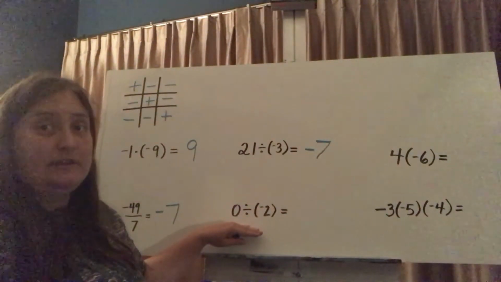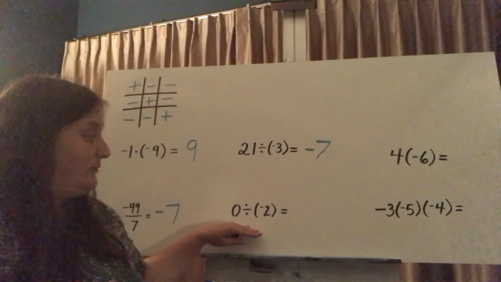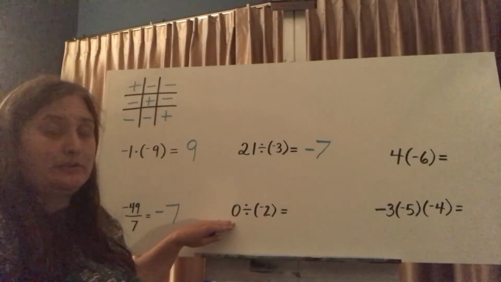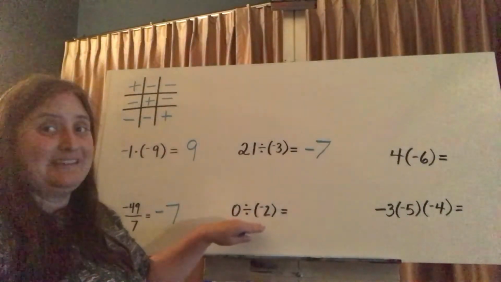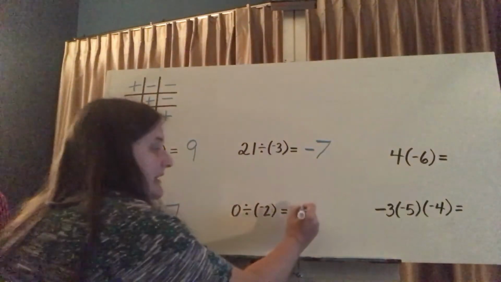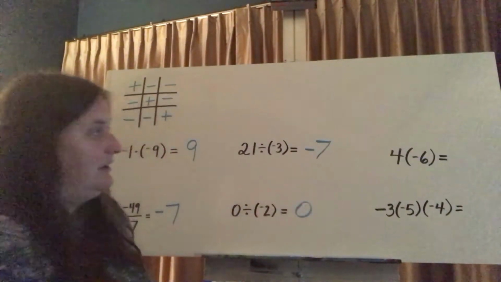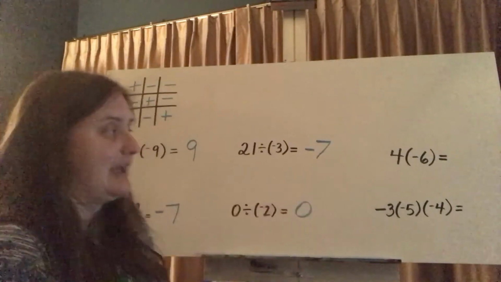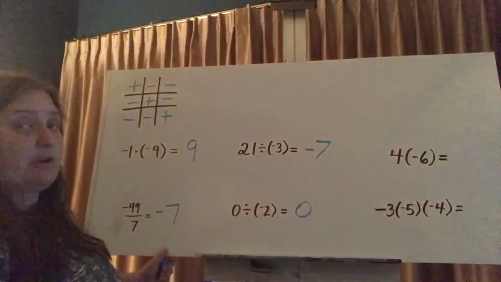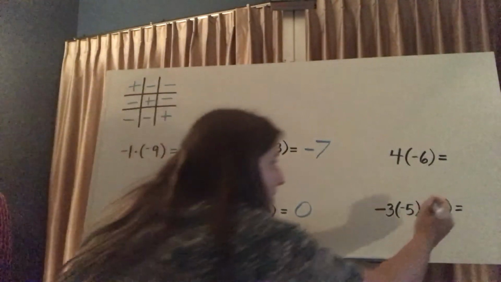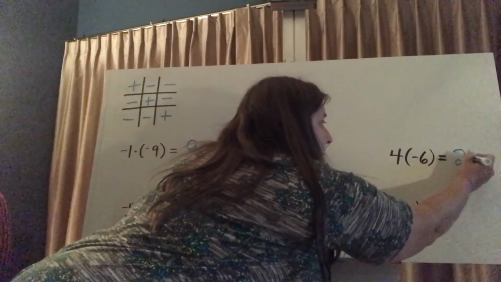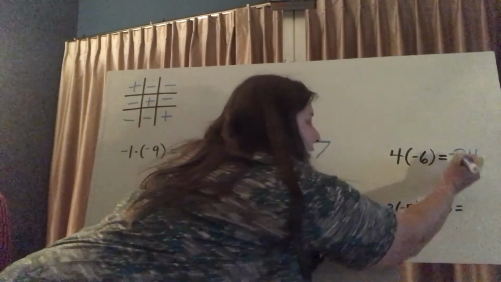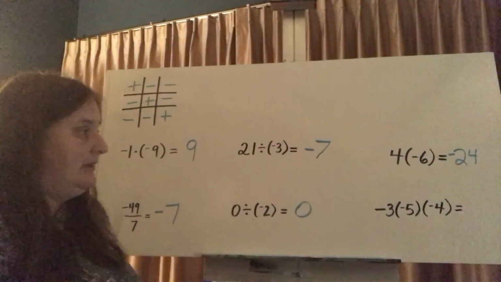Here's a unique one. 0 divided by negative 2. Well, if I have 0 to start with, and I'm dividing it into any sort of group, I'm going to have 0. 4 times negative 6. Well, 4 times 6 gives us 24, and since we have different signs, our answer will be negative.